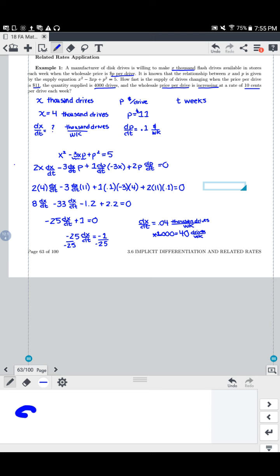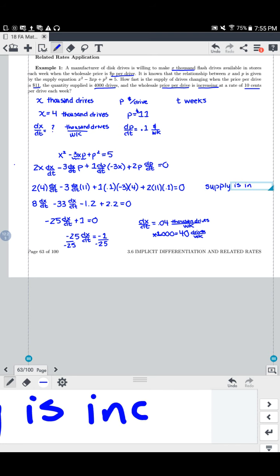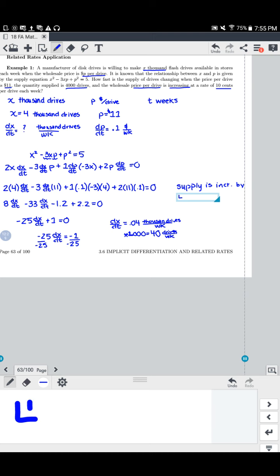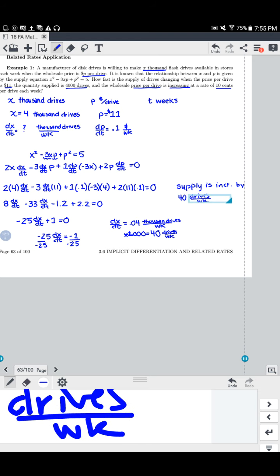So the supply, that's my original function here, x is the supply, is increasing by 40 drives per week as the price goes up by 10 cents per week.